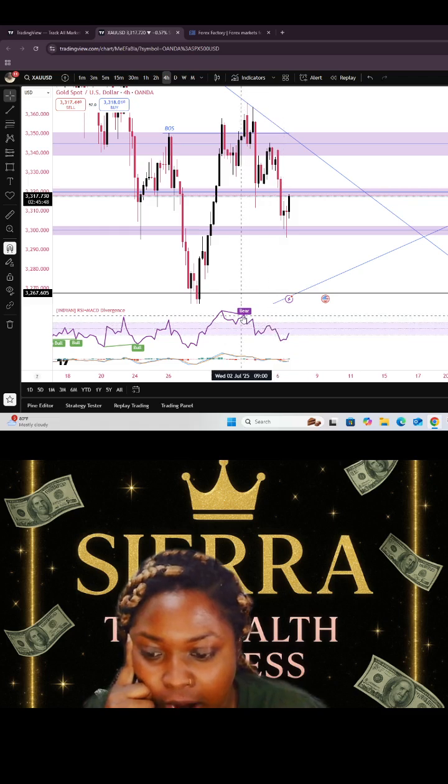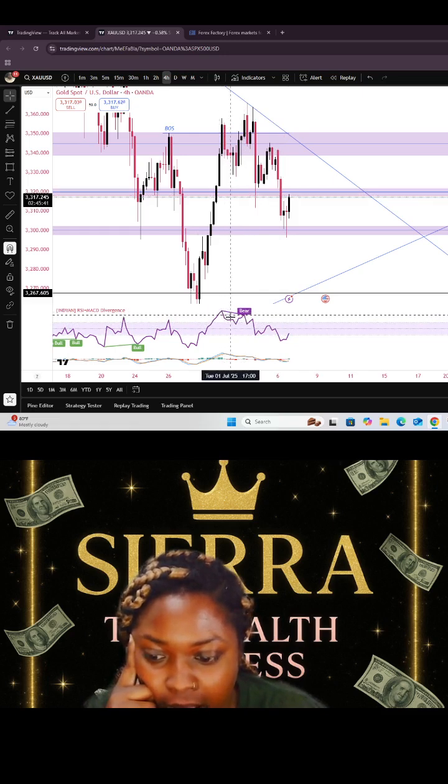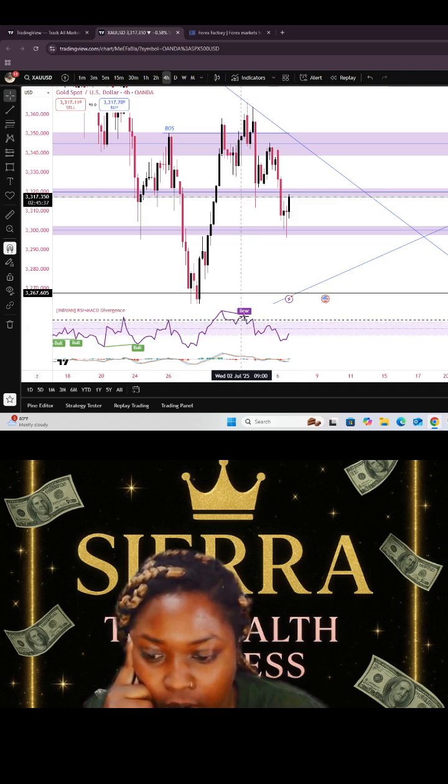Now, on the 4 hour on my indicator, I can draw a trend line. Okay, you see on the 4 hour, we had a lower high, a higher low, a lower low, lower high, a lower low, right?